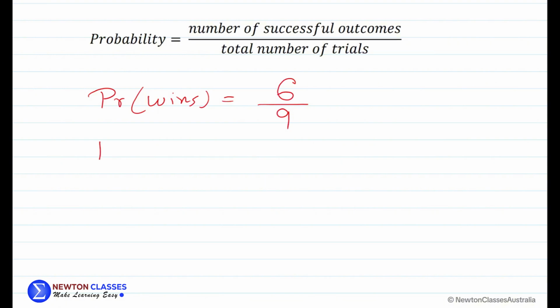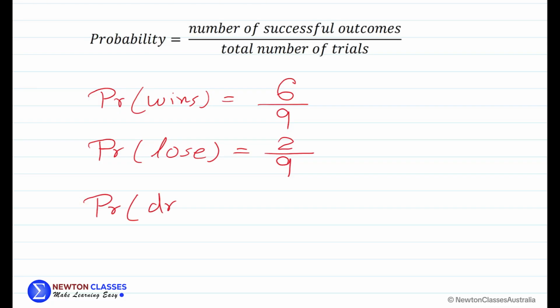Let us work out the probability of losing. The probability of losing the game was 2 games out of the total number of games, 9, in the tournament. The probability of a draw was 1 out of 9. So we know the probability of each outcome of the tournament where Meera has played 9 games.